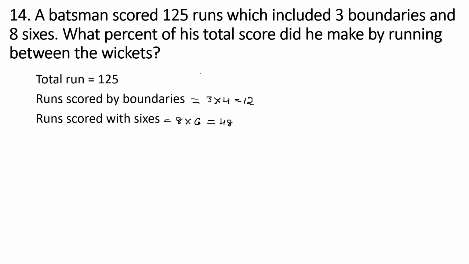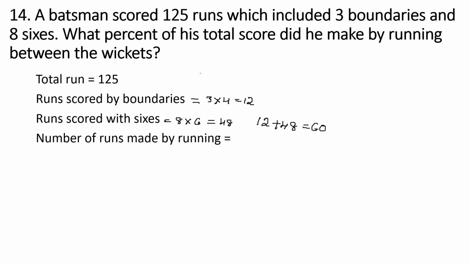Now the total runs by boundaries and sixes together, that is 12 plus 48, which is equal to 60. Now out of 125 runs, 60 runs are made by boundaries and sixes. So what are the runs made by running between the wickets? That will be equal to 125 minus 60, so that is equal to 65.